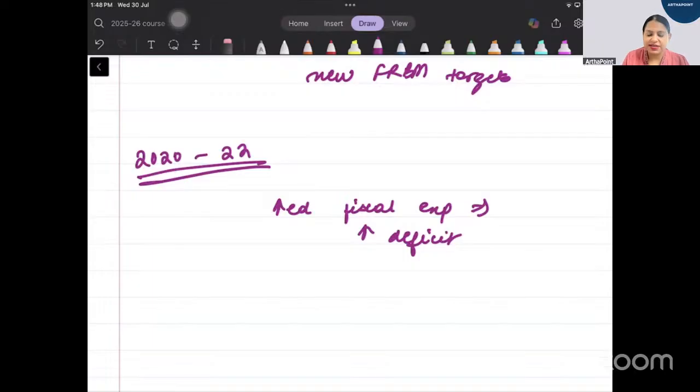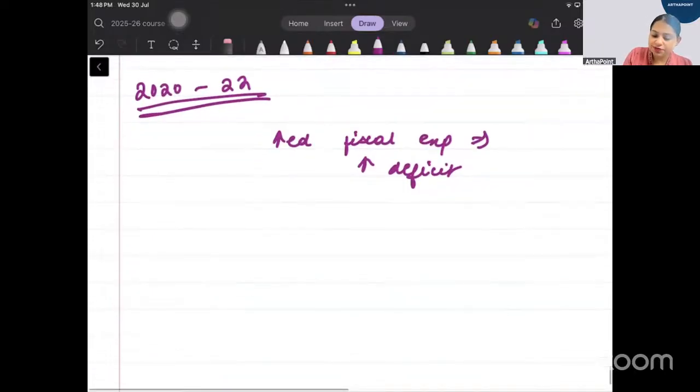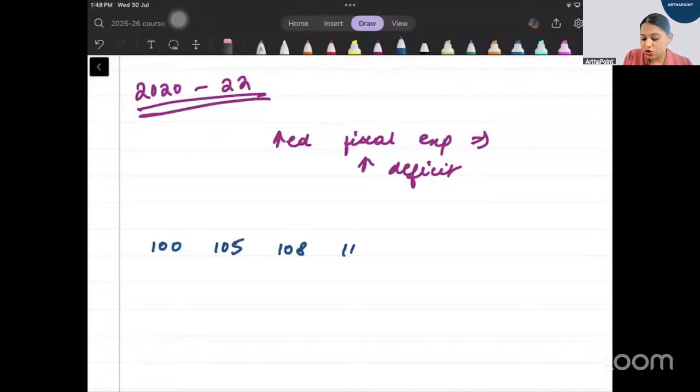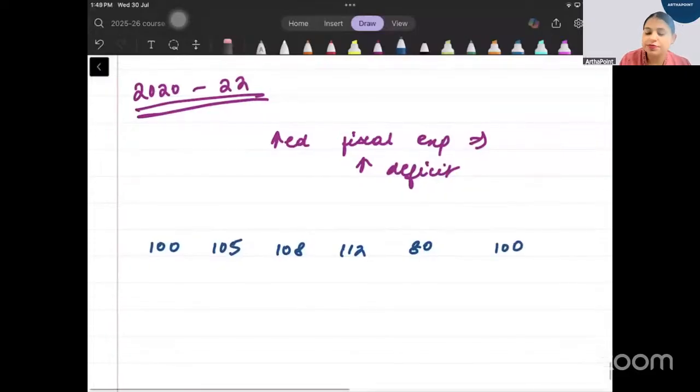Try to understand this. Just imagine that my GDP growth trajectory is going like this: 100, 105, 108, 112. Now during COVID, suppose I hit an 80. And next year, I hit back 100.